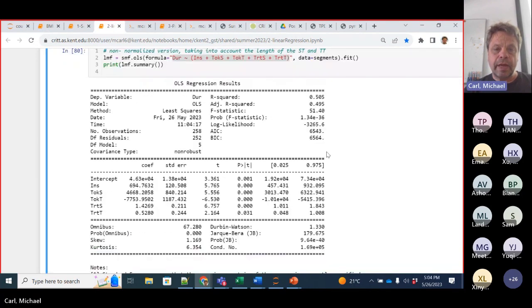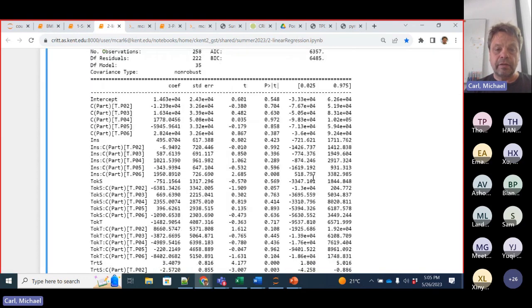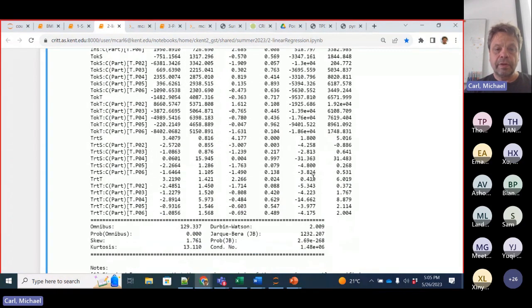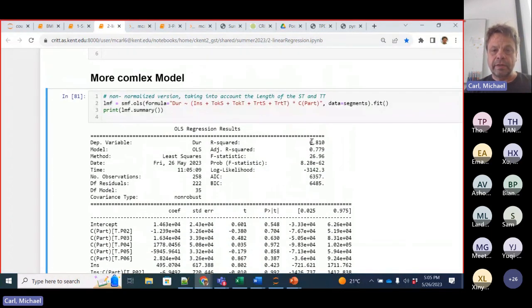Okay, so you can have very complicated models, and of course you could also look into interaction effects for each of those variables with the participant, and then you have a huge number of different values here, and it explains the whole data in a much better way.